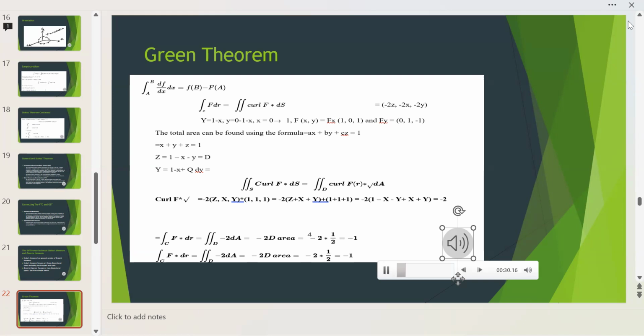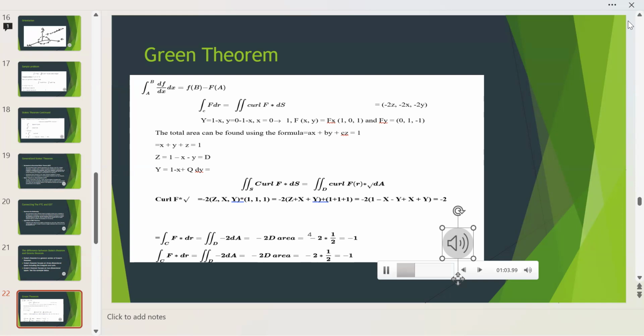So if we look at this from a mathematical point of view, y equals 1 minus x, and y ranges from 0 to 1 minus x, and x goes from 0 to 1. And f sub x is equal to (1, 0, 1), and f sub y is equal to (0, 1, -1).